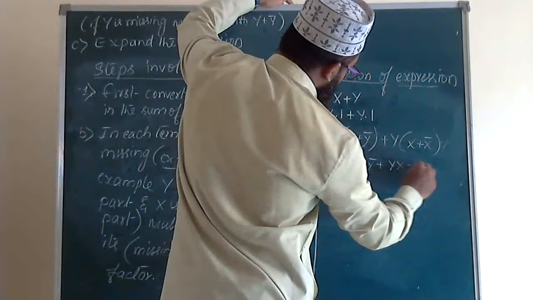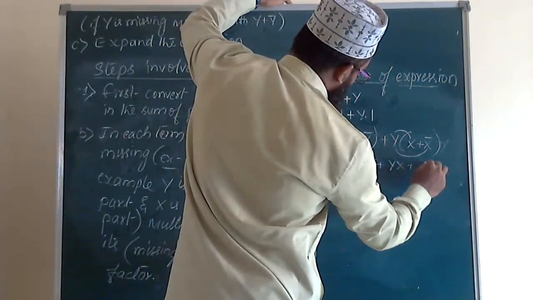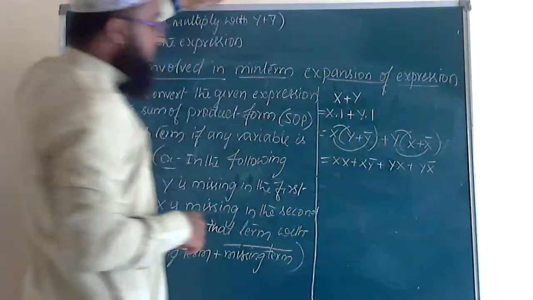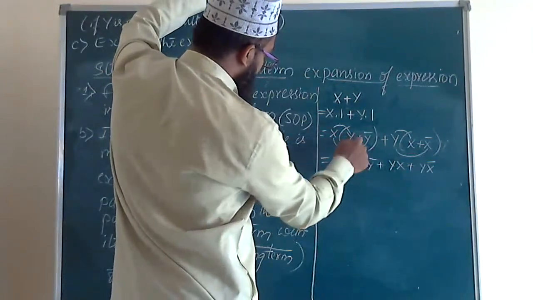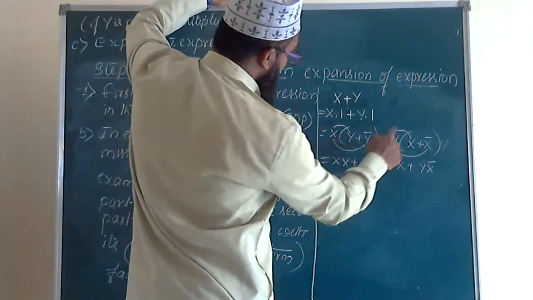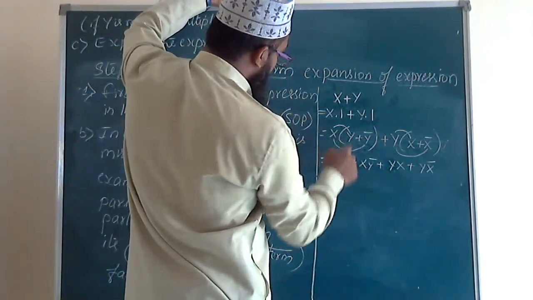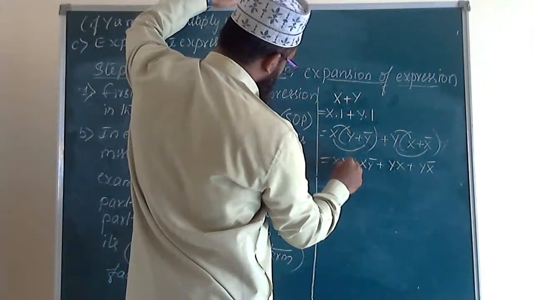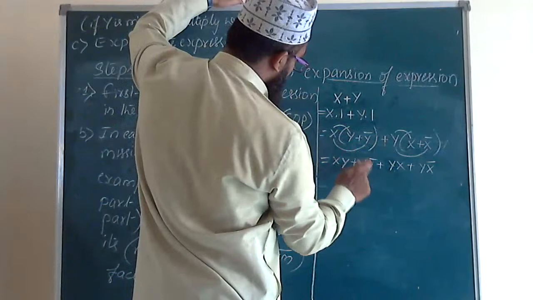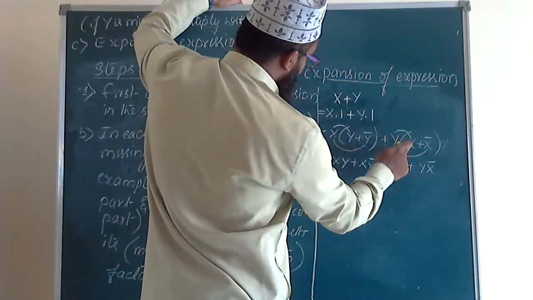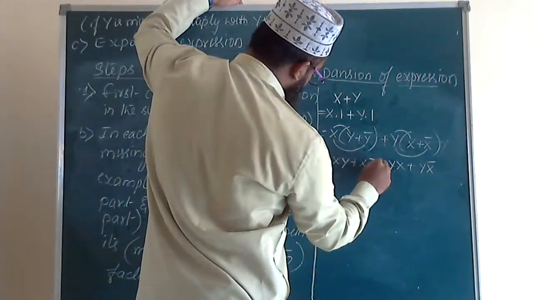X into y plus, first this, then this, y into x bar. Expanding means multiplying. X into y, then plus x into y bar, then y into x, this plus is here. So x into y plus x into y bar plus y into x plus y into x bar.